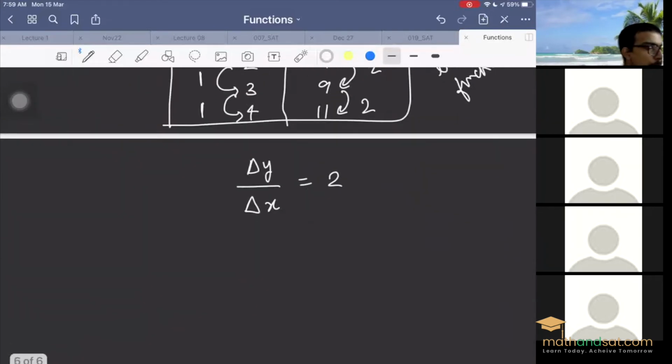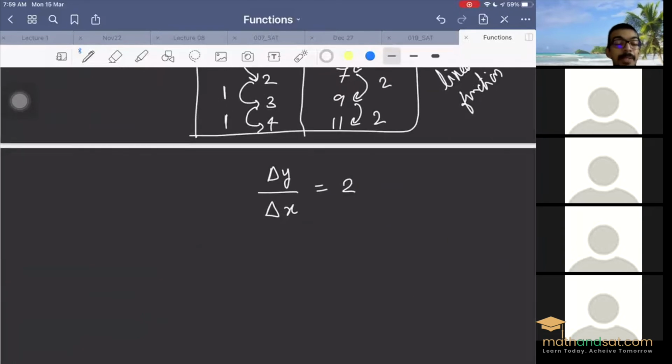Now, from the graph of the function, how can you figure out that a function is linear?